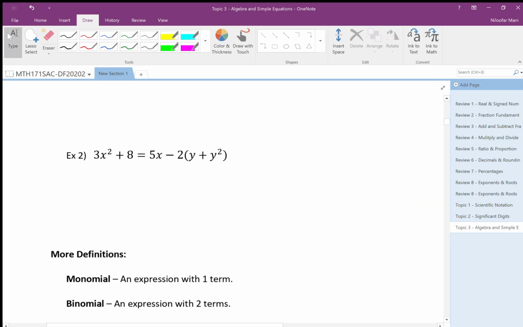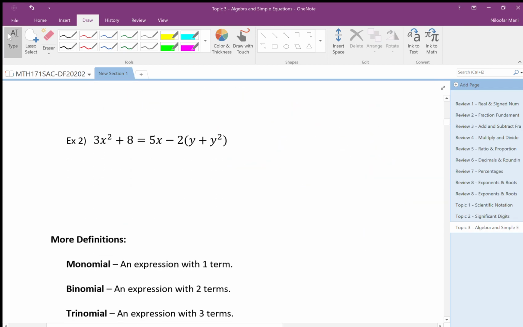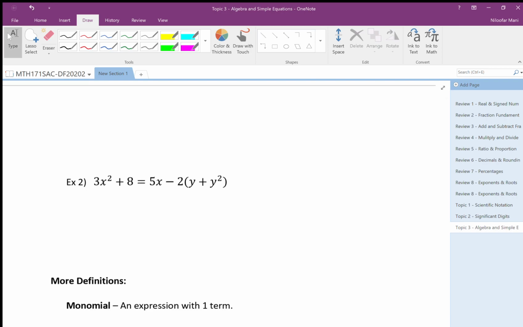Now I continue. Again, tell me terms. Terms are 3x squared, 8, 5x, and 2 times y plus y squared. If you try to simplify it, yes, you can have 2y plus 2y squared, but for now we don't know it, so we just write it this way.